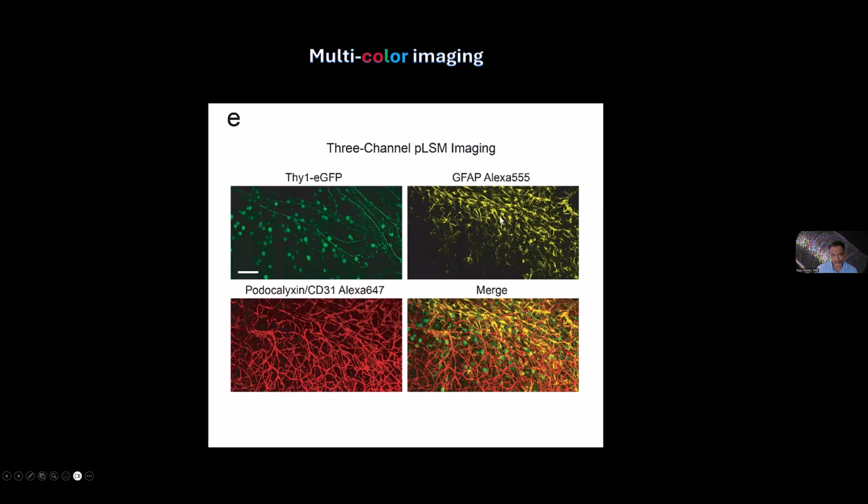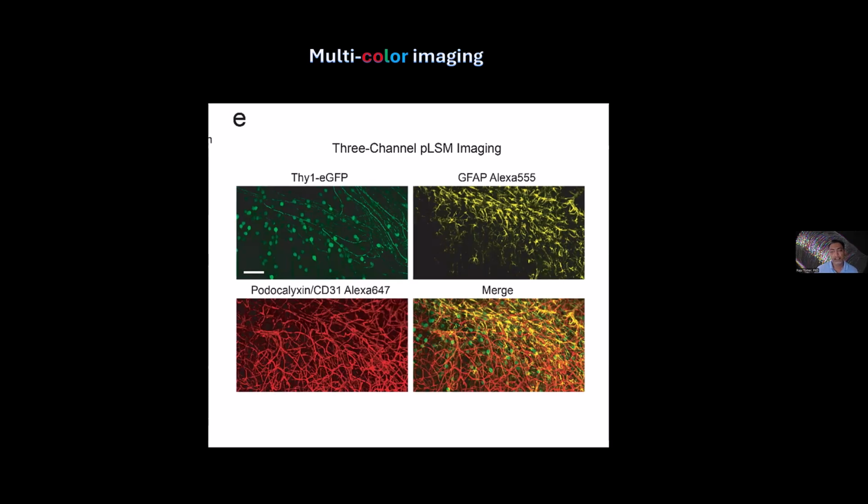This is one example, but fluorophores tend to have pretty wide excitation and emission spectra. So using the right emission and excitation filters, we can cover almost any fluorophore, and even go beyond 3 if we want to. That's a possibility. Of course, we haven't done that.